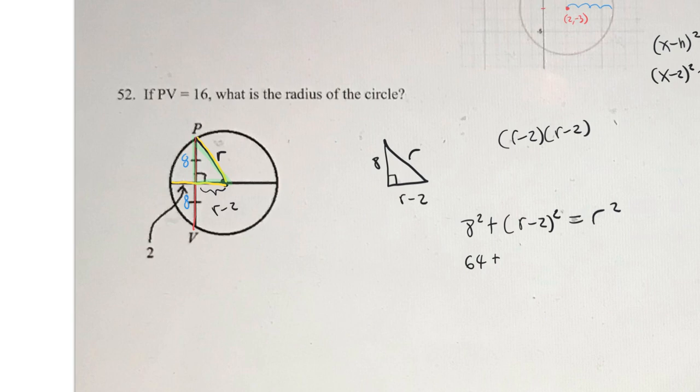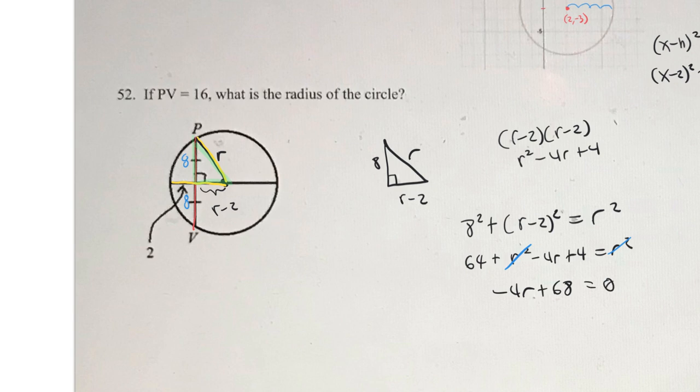We could FOIL that. That's going to be r squared minus 4r plus 4. So it's going to be 64 plus r squared minus 4r plus 4, and that equals r squared. Now the beautiful thing is that the r squareds will cancel. Next thing you know, you have negative 4r plus 68 after combining like terms equals 0.